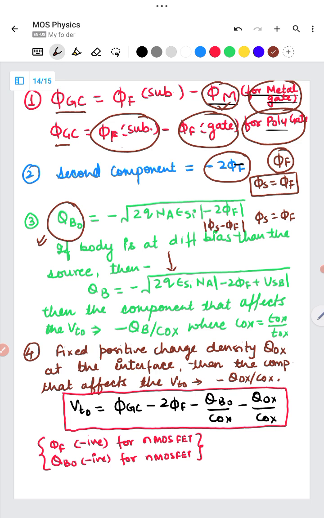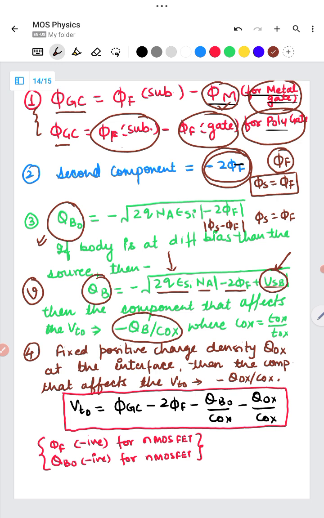Phi GC is a material property and does not get changed by VSB. The second component also does not change much with VSB. The third component changes a lot with respect to VSB. So the depletion region charge density becomes minus square root of 2q epsilon Si Na (minus 2 phi F plus VSB). We already know from PN junction physics that when you apply a voltage, it gets added over here. So the equivalent voltage component added into the threshold voltage because of this charge density is minus QB divided by Cox.